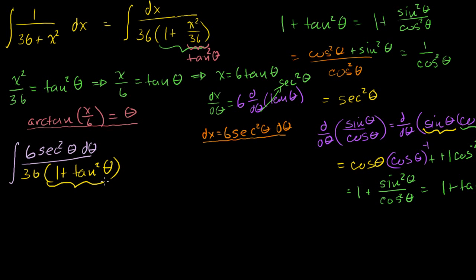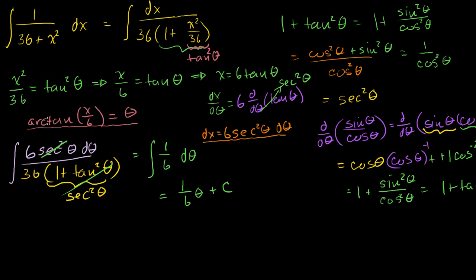Now, we know that this right there is secant squared of theta. I've shown you that multiple times. So if this is secant squared of theta in the denominator, we have a secant squared of theta in the numerator. They cancel out. And so our integral reduces to, lucky for us, 6 over 36, which is just 1 over 6 d theta, which is equal to 1 over 6 theta plus c.